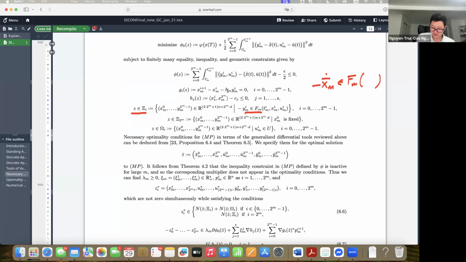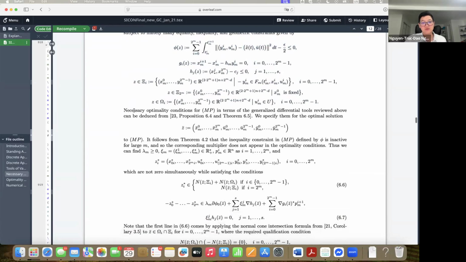And for this constraint, x_0^m is fixed, of course, because we know that it is given. And u_i^m belongs to U. So these are all the constraints, and we put them into this form. That is the mathematical programming problem, and we are done with the mathematical programming.